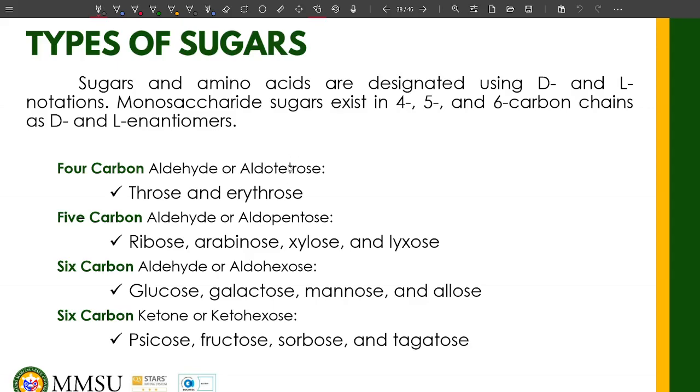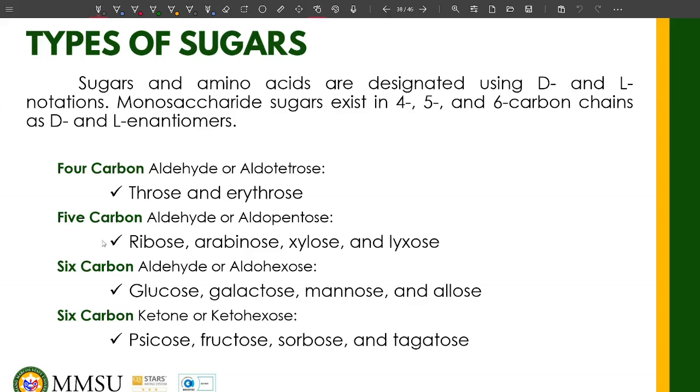And then tetro from the prefix for 4 carbon, so tetra, natanggal lang yung A and then pinalitan siya ng OSE, so naging aldotetrose. Examples or common names for those aldehyde carbohydrates na merong 4 carbons are threose and erythrose.